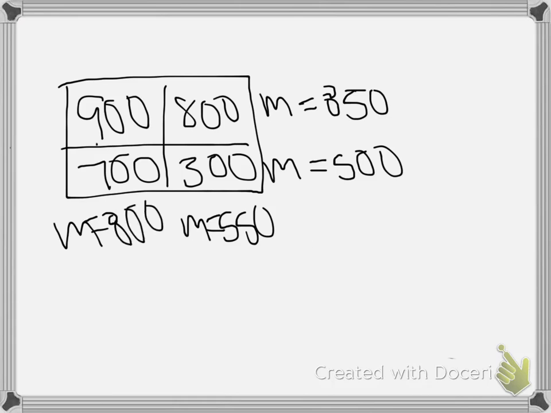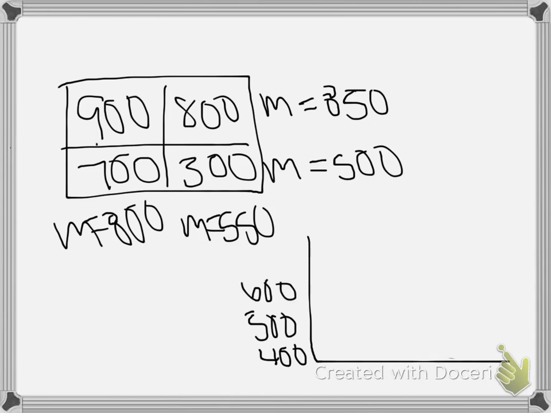So once again, draw our graph. And then 400, 500, 600, 800, and then the 850.